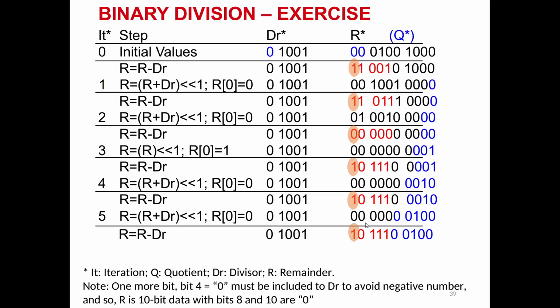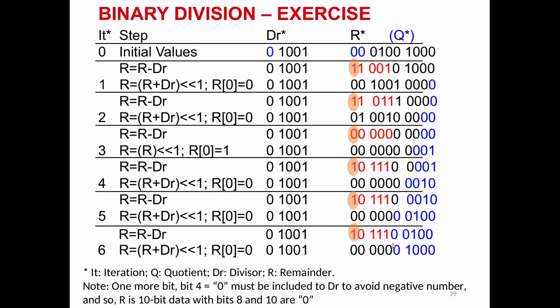And as the most significant bit is 1, we will need to restore R back to the previous value and shift everything to the left by pushing 1 more bit of 0 into the right. So the new value will be 0 0 0 0 0 0 1 0 0 0.